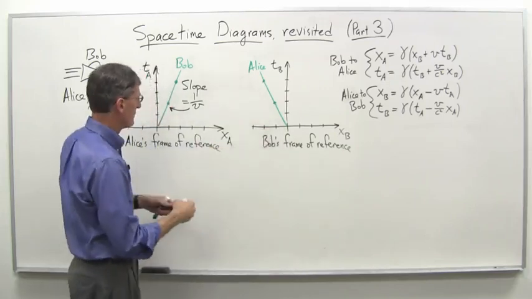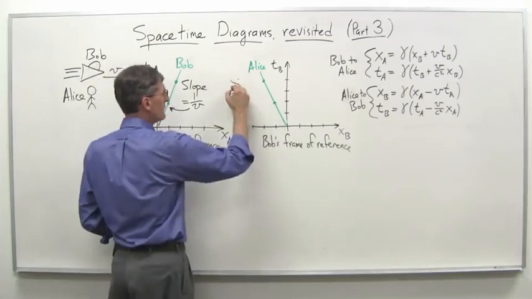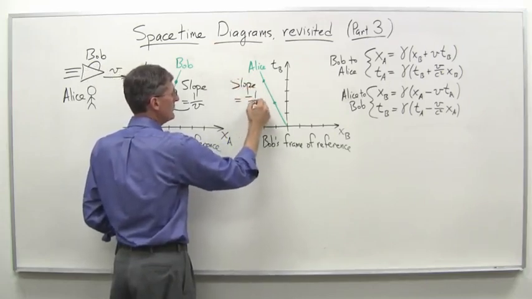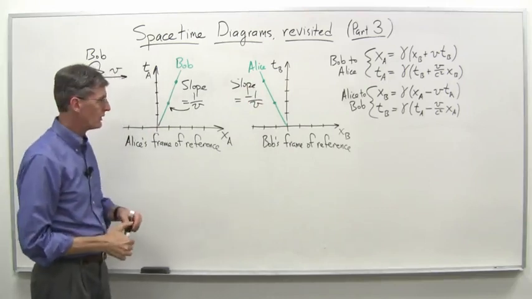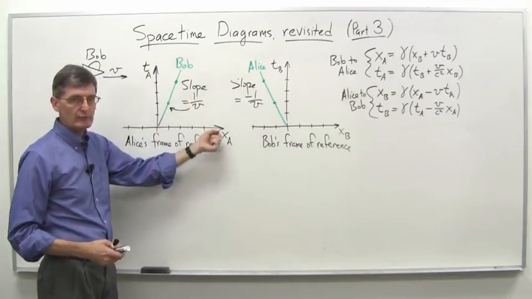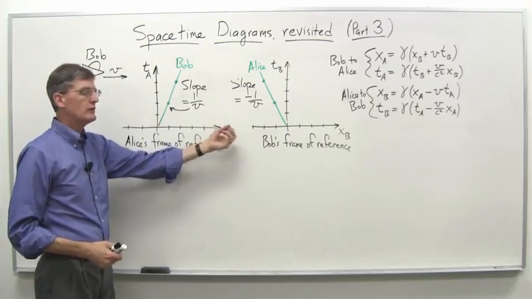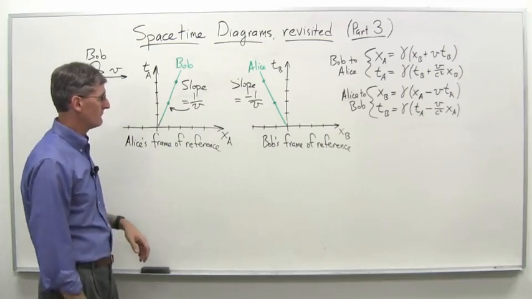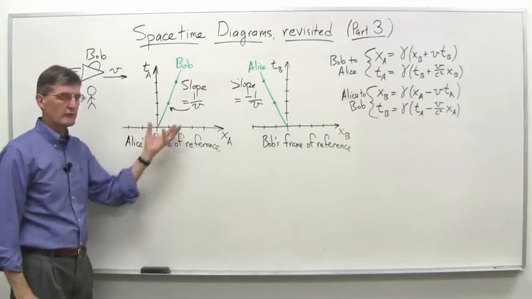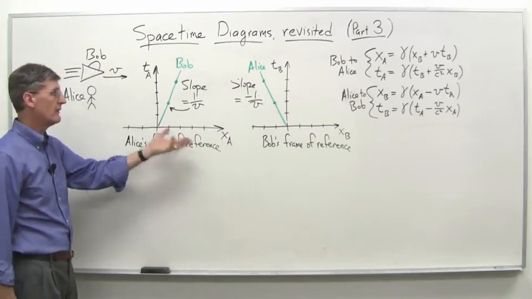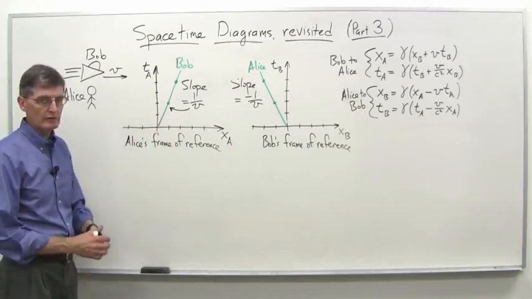So the slope here is -1 over v. It's sloping downward. Essentially Alice is going at -0.5 the speed of light to the left as far as Bob is concerned. So we can see there's a symmetrical situation. That's how Bob sees Alice in his frame of reference, and that's how Alice sees Bob in her frame of reference.